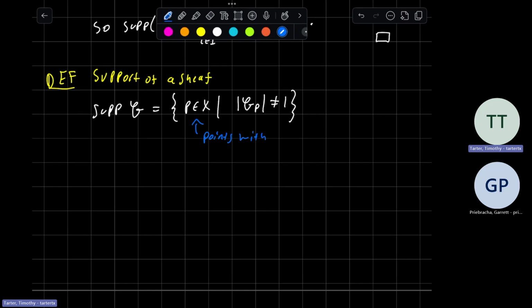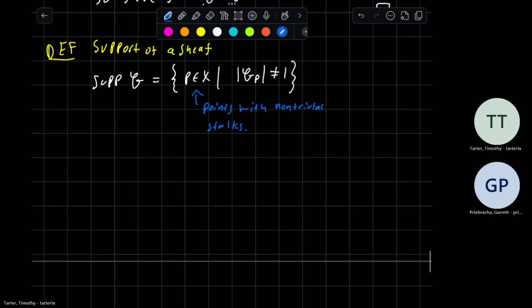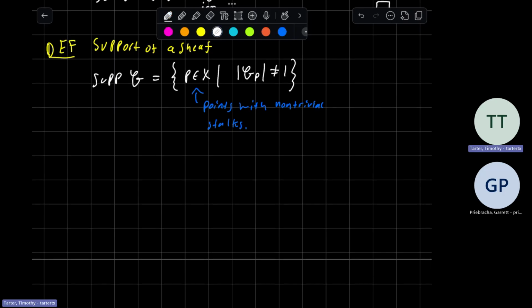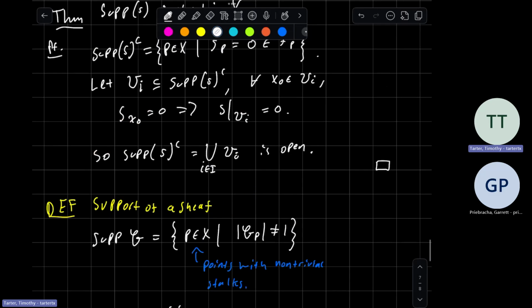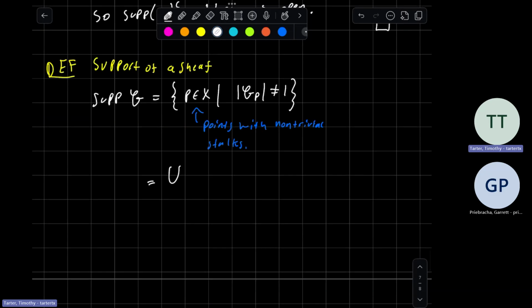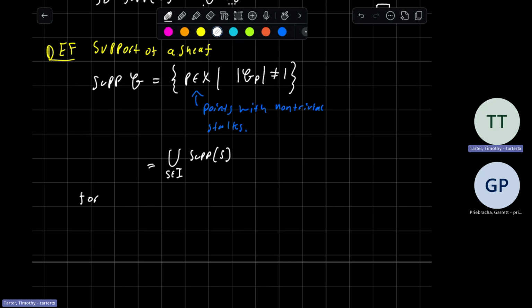Points with non-trivial stalks. This is equal to the union of the supports of the sections s_i over some index i.